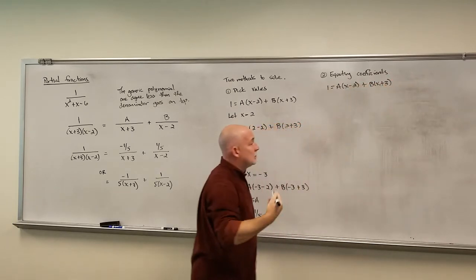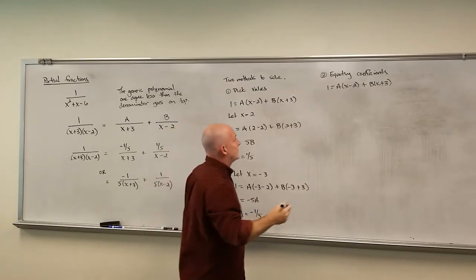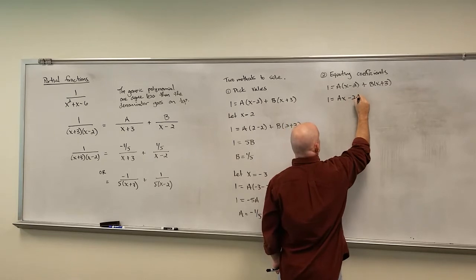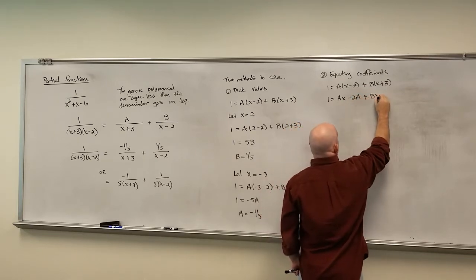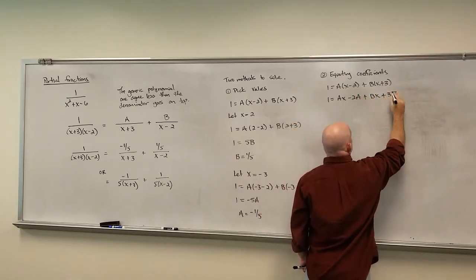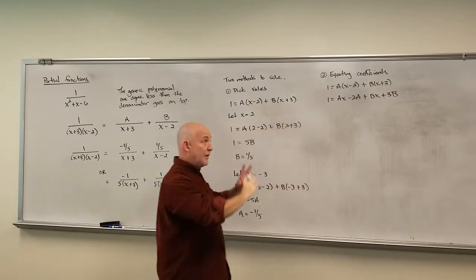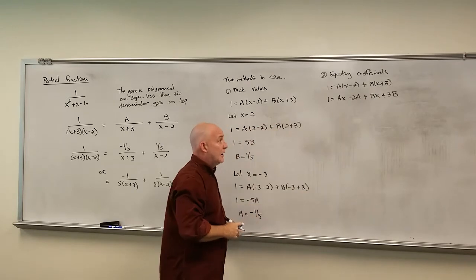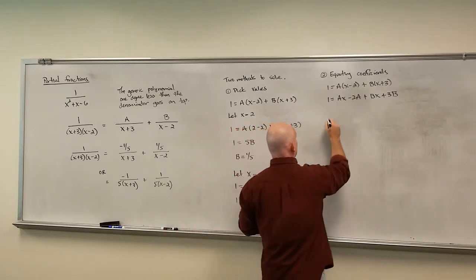Go ahead and distribute everything out. So this is going to be 1 = ax - 2a + bx + 3b. And then on the polynomial side, where all your variables are, group by like powers. So here's what I mean.